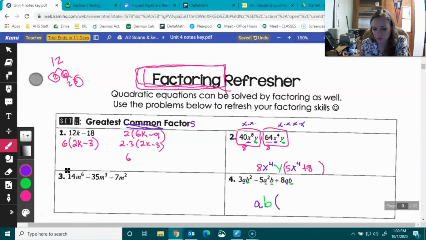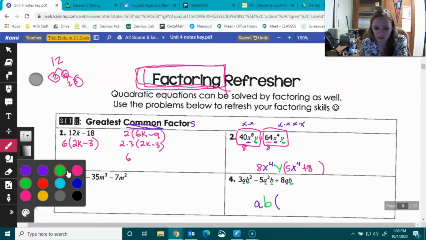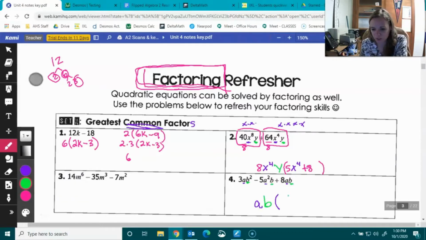You can treat them as 1s and write them as 1s if you want. So you take out 1, take out 1, take out 1, and so on, and then leave how many are left over. For example, this first term you took out an A, so there's no more A's. B, you took out one of the B's, so you still have a B. So you still have a B left in this term.